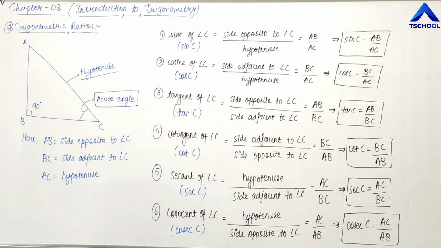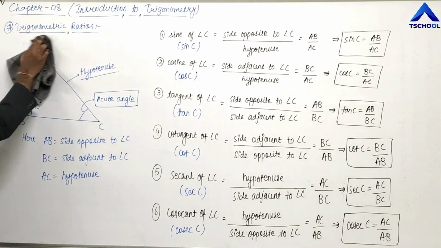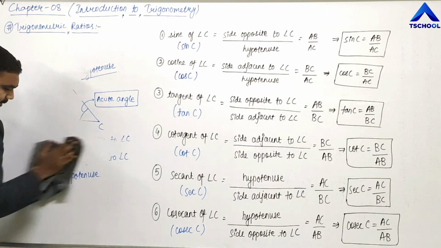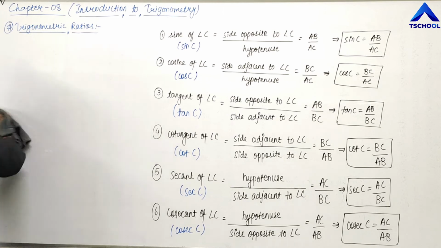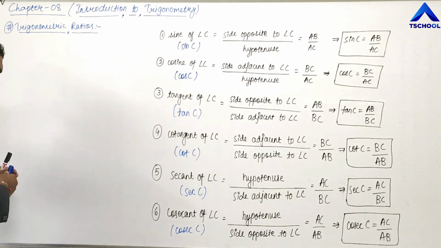Okay. So now let me erase this triangle here. Now as we see here, these are the 6 different ratios that we have got here.